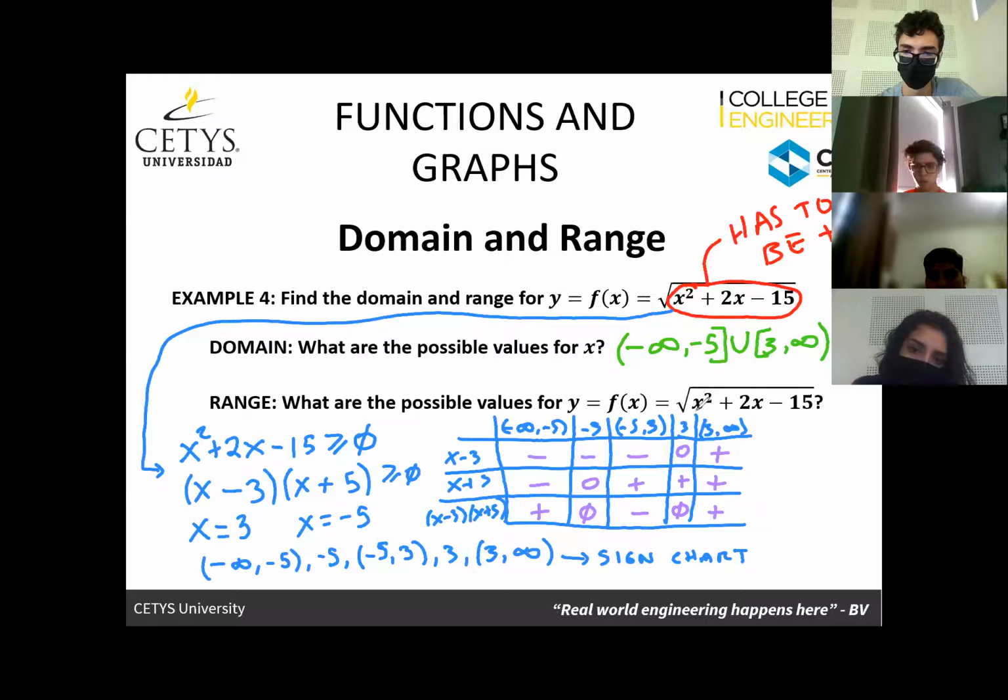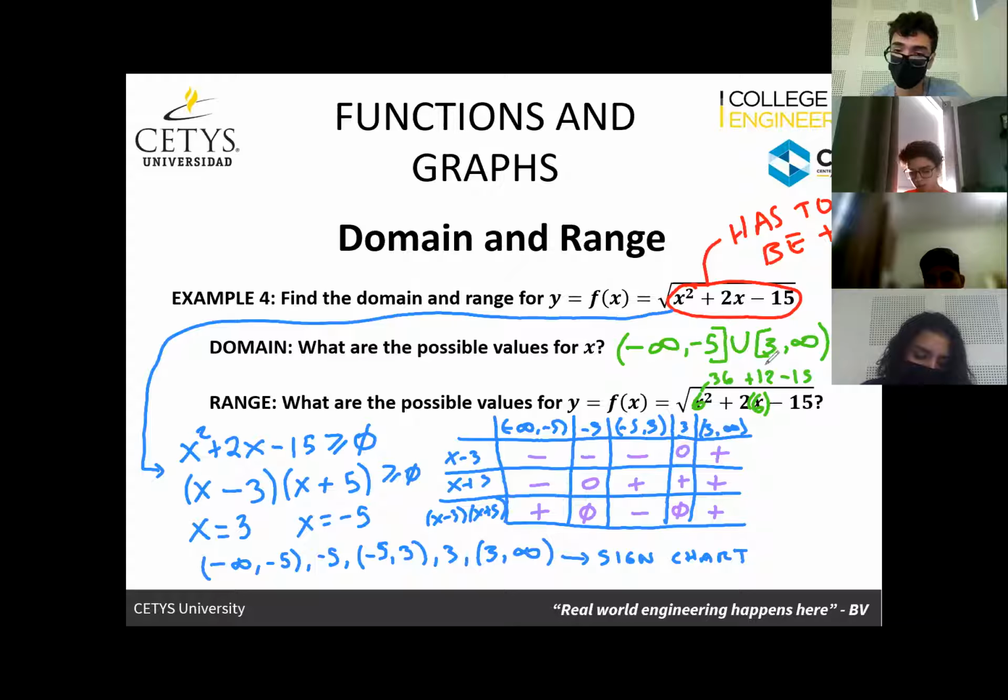If I substitute a minus 6 here, try to do the calculation very quickly. 6 squared is 36, plus 12 minus 15. What does that give us? 33. Is that positive or negative? Positive.